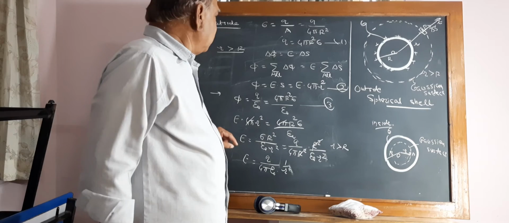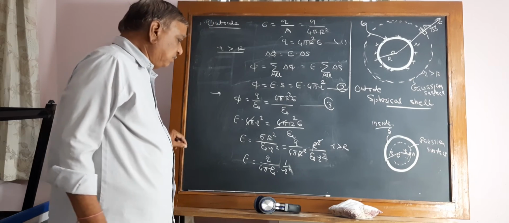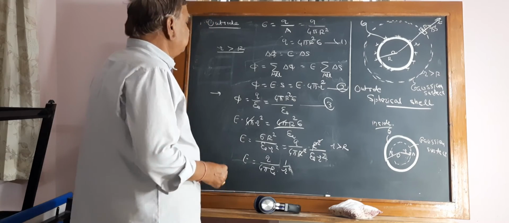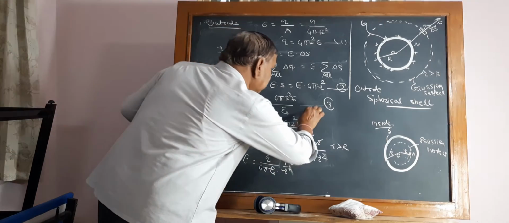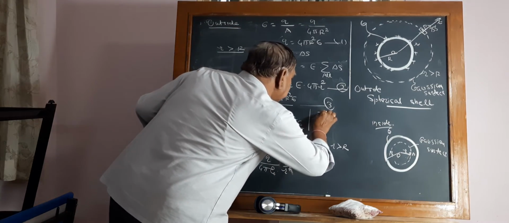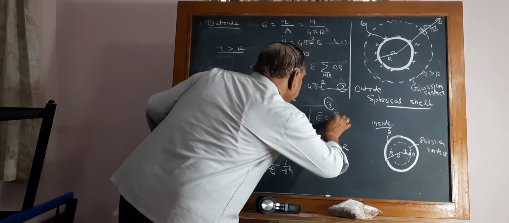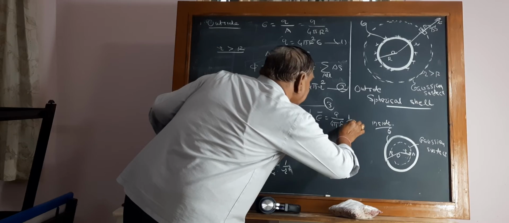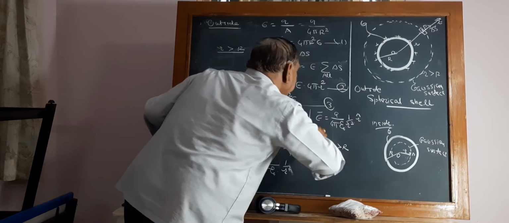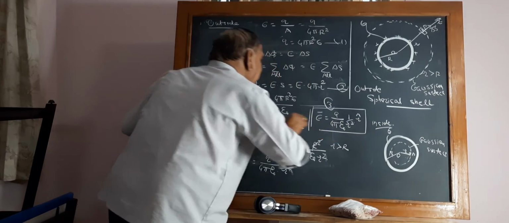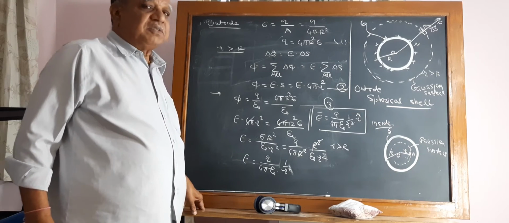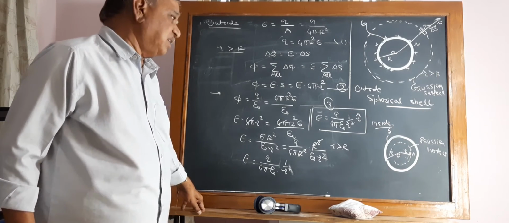Here in vector form, vector E equal to Q upon 4 pi epsilon 0 into 1 upon r square into r cap, where r cap is the unit vector along the radius vector.